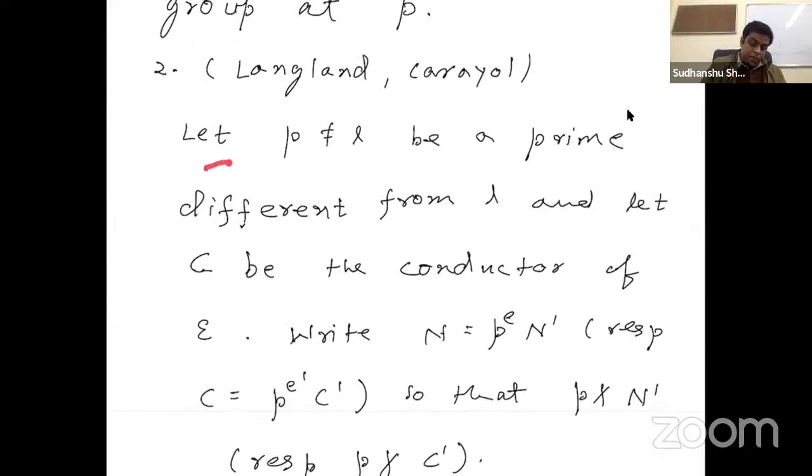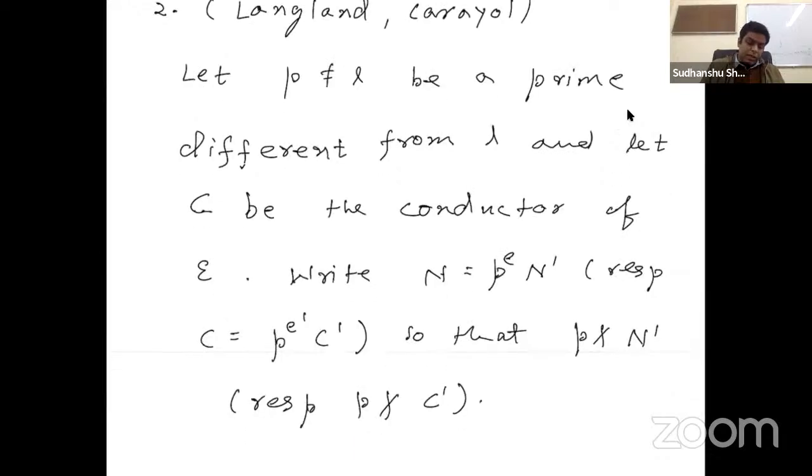So when p is not equal to L, a prime, let C be the conductor of epsilon. Remember epsilon was a character of (Z/NZ)*, but it may factor through an even smaller group. You choose the smallest C such that it factors through (Z/CZ)*, and that is the conductor of epsilon.